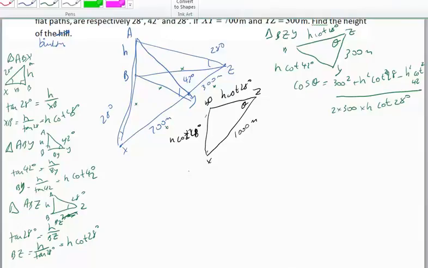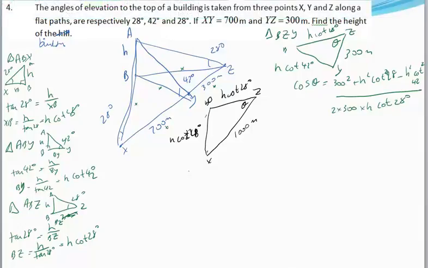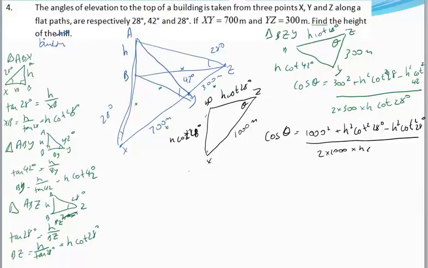We're going to do the same thing with this triangle. Here our cosine of theta is equal to 1000 squared plus H squared cot squared 28 degrees minus H squared cot squared 28 degrees, divided by 2 times 1000 times H cot 28 degrees.